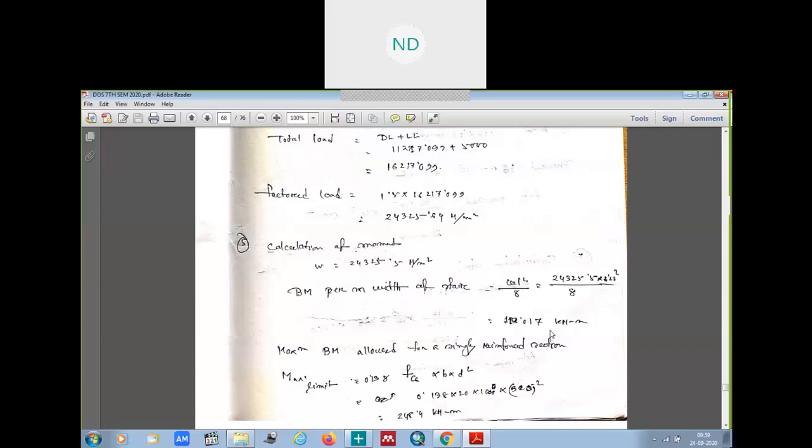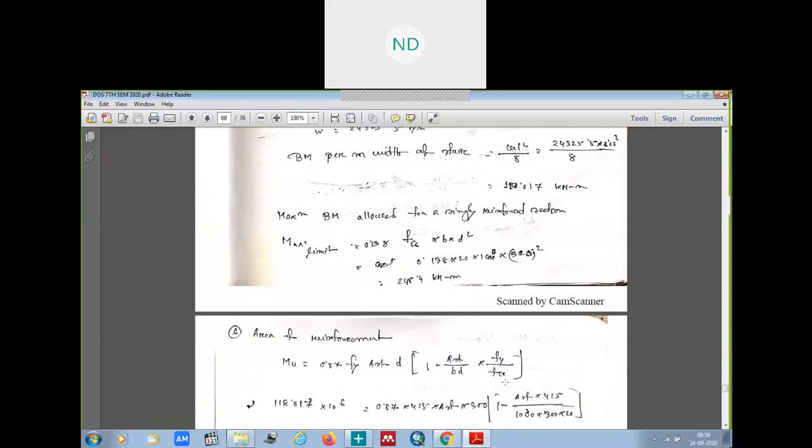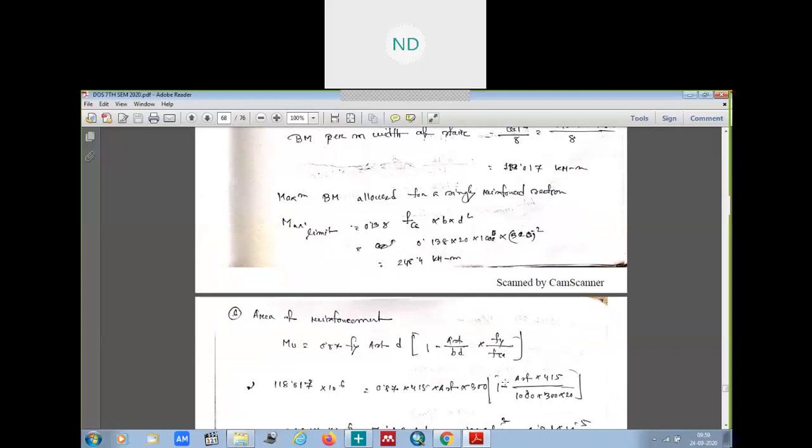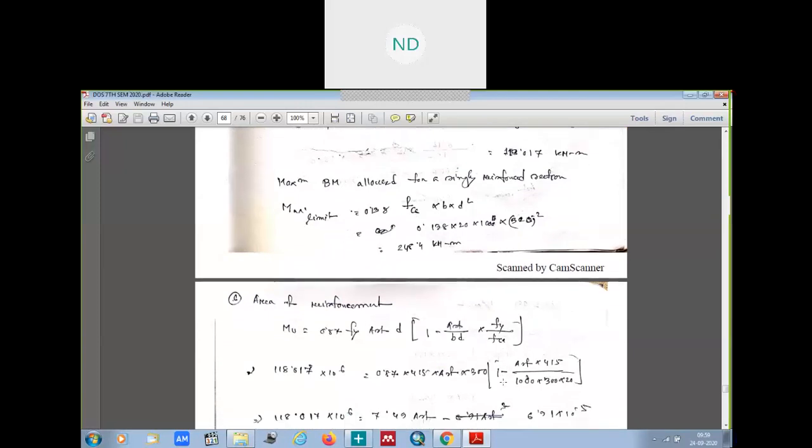Now the maximum bending moment allowed for a singly reinforced section will be how much? This maximum is given by 0.138 fck into b d square. Fck we already know. With per meter width considered, b is 1000, and d is the total effective depth. The effective depth I told you was 311 point something.